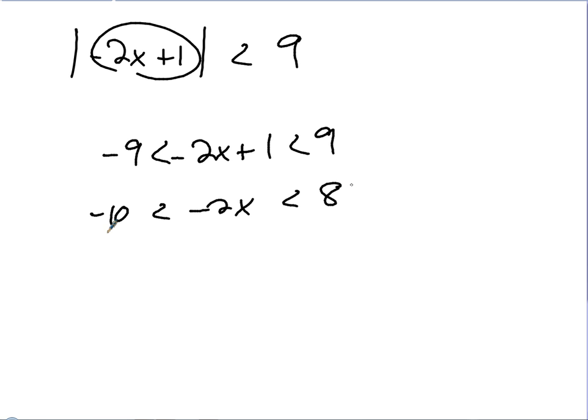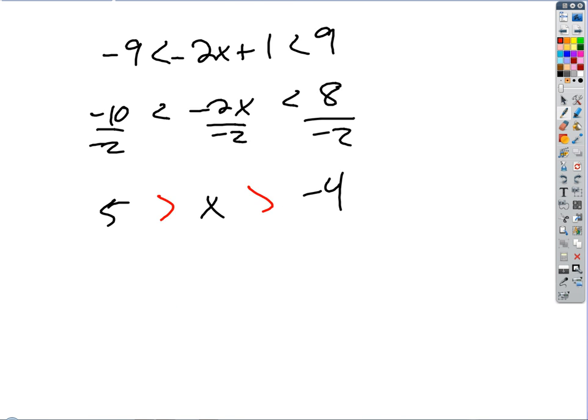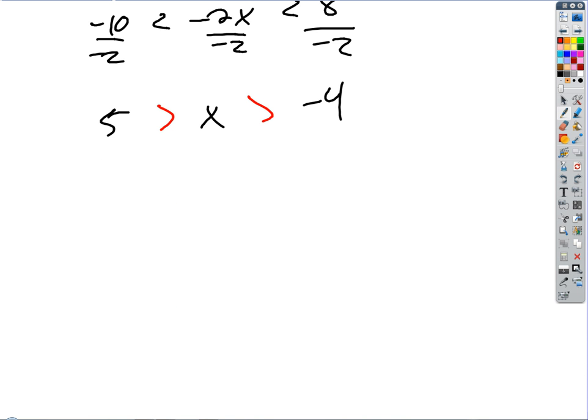Divide by negative 2, okay. And so what's that telling me I have to do? Switch all the signs. Good, so I'm going to get a positive 5, an x, and a negative 4. But I have to flip all the signs around. Now that doesn't fit in with Moodle well, for a reason. It's not meant to. Is that a good way to write that answer? No. We have to take the whole thing and flip it around, right? Because we want to have the lower number.